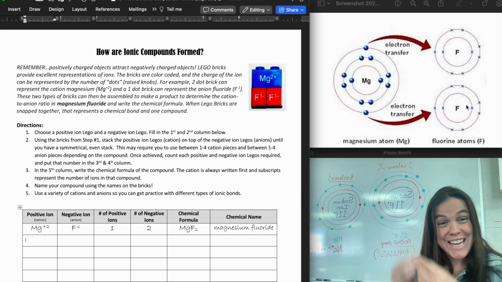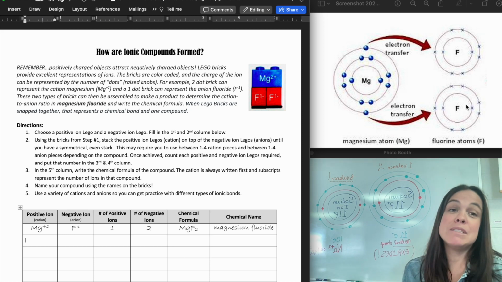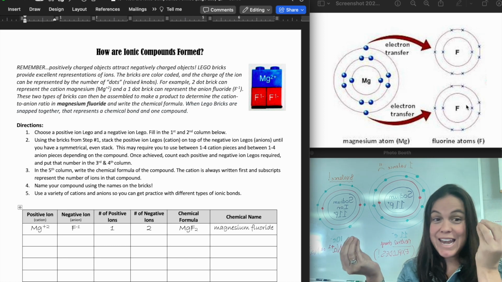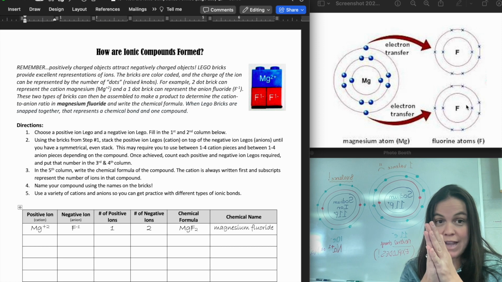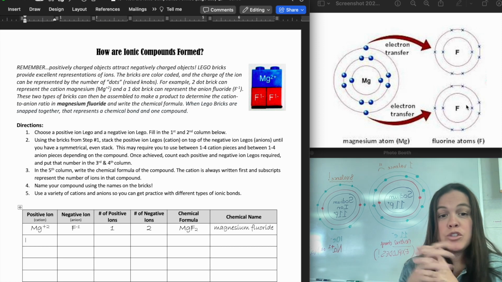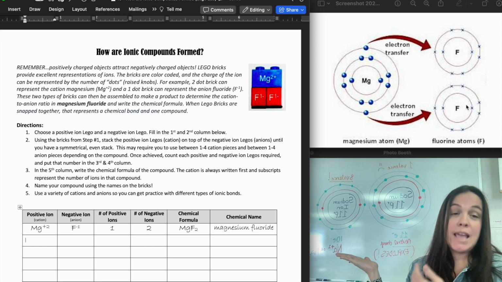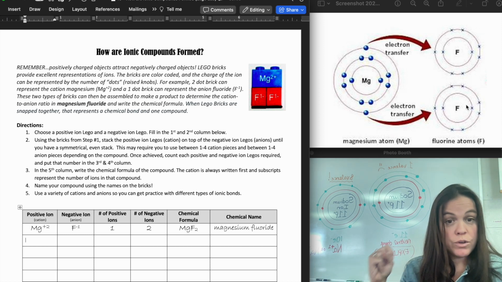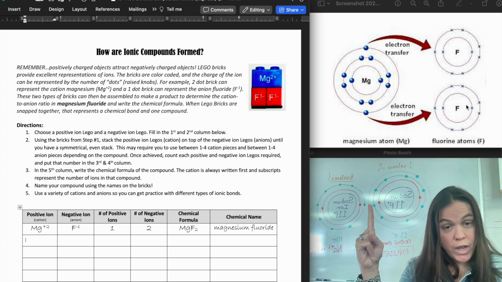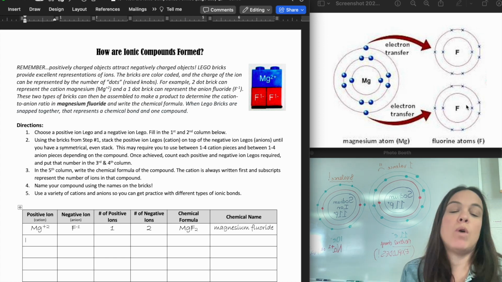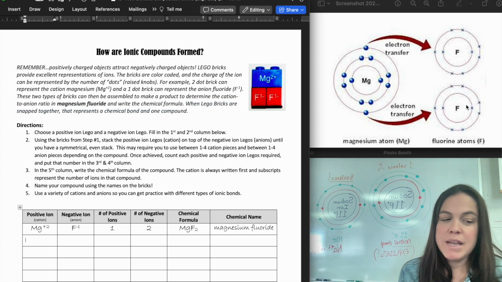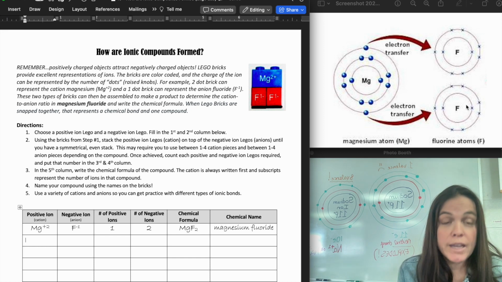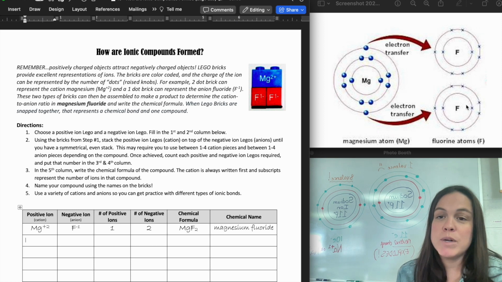And when fluorine takes in an electron, it becomes negatively charged. Positively charged things and negatively charged things attract each other. But sodium, and in the case of this unit, chlorine, is a 1-to-1 ratio. Sodium wants to lose 1, chlorine wants to gain 1. But that's not what's happening here with magnesium and fluorine. So let's take a look at how we can figure out how these ones come together.